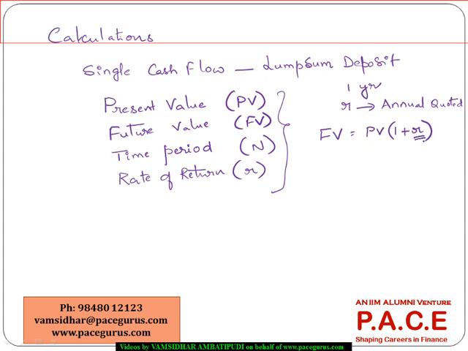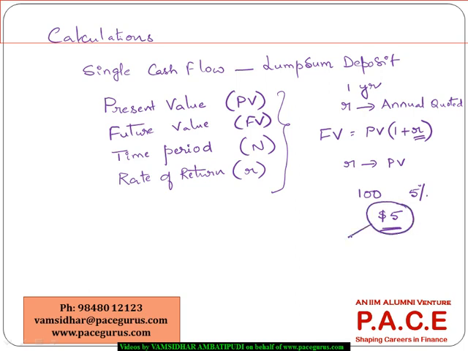R is the interest that is going to come on the present value. If I have deposited 100 bucks now and the interest rate is 5%, there is an annual interest of $5 that is going to come on that 100 investment every year.